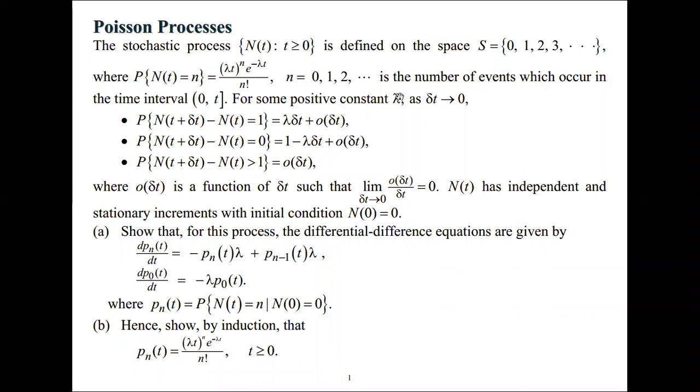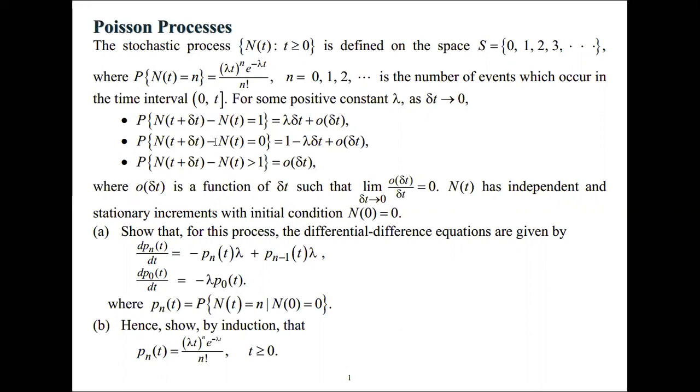For a positive constant lambda, as dt, the small time frame, approaches 0, these conditions must be satisfied. First of all, the probability that only one event occurs in the time interval dt is given by lambda dt plus little o of dt. I will explain these things as we move on.